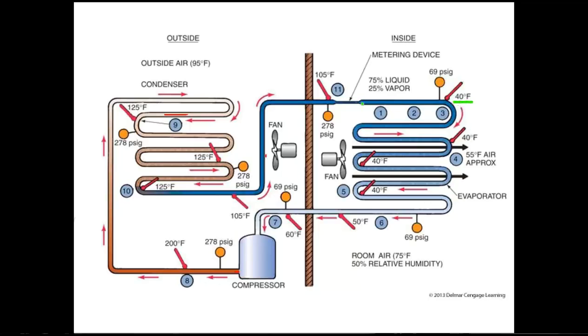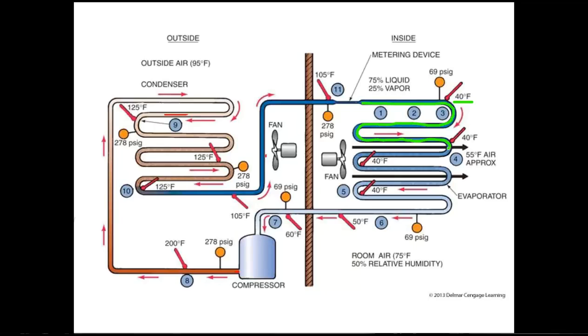And as this saturated refrigerant passes through the evaporator coil, it is starting to change state more and more, going from liquid to vapor, picking up more heat in the form of latent heat. Again, that's changing of state.